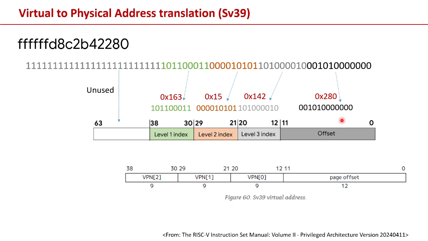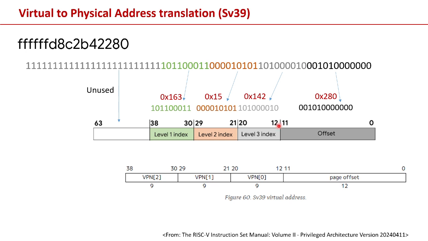Each bit pair represents a specific operation during the multi-level page translation. As for the 0 to 11th bit, this value is moved to this position. This binary value is only used as offset. In other words, this offset does not affect the virtual address translation.